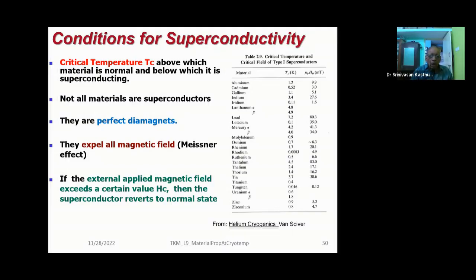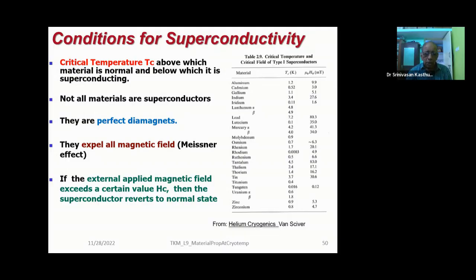Not all materials can become superconductors. But there is also another interesting phenomenon that happens along with just the resistance going to zero. The material also tries to expel the magnetic field which is present there. So if you have an external magnetic field, then the material will try to expel the field. It will act as a diamagnet. So any superconducting material can also be a perfect diamagnet.